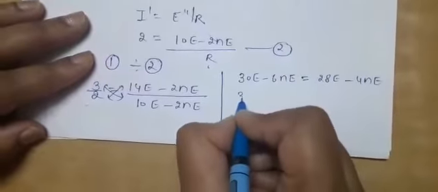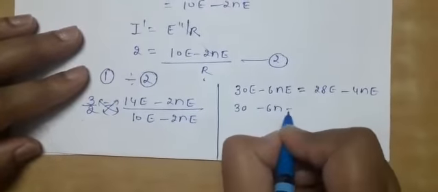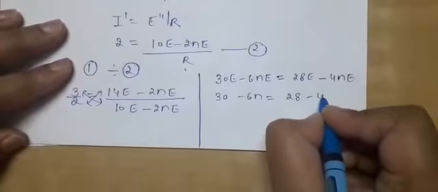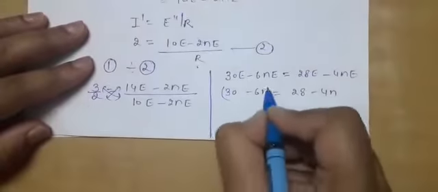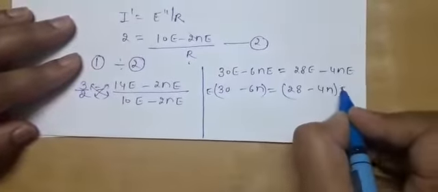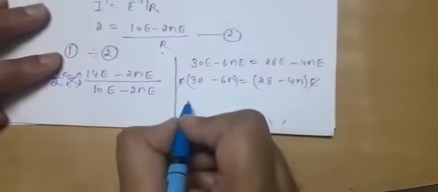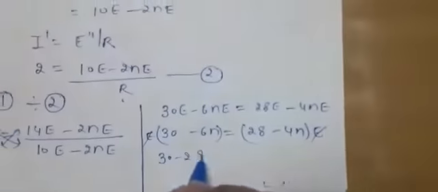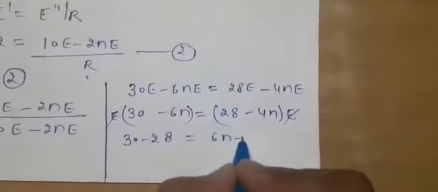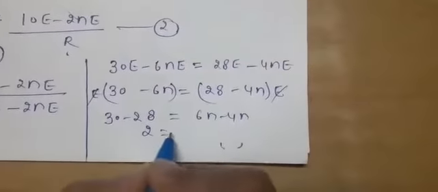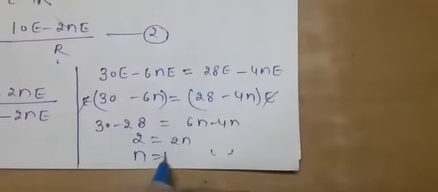If you take E common from both sides, it will cancel out. So now solve it: 30 minus 28 is 6N minus 4N. So 2 equals 2N, and N comes out to be 1.